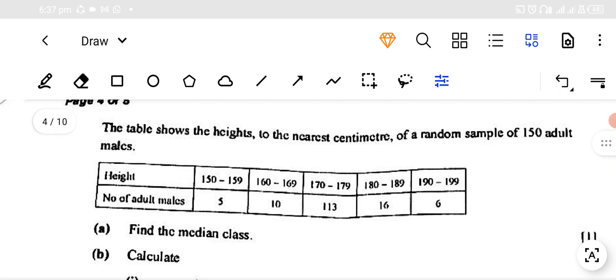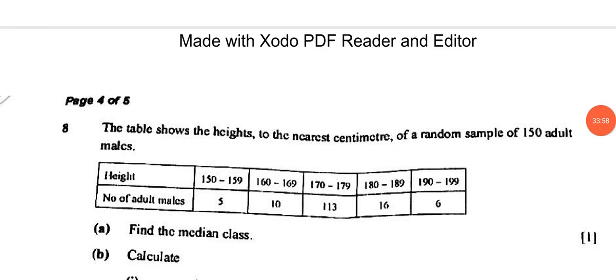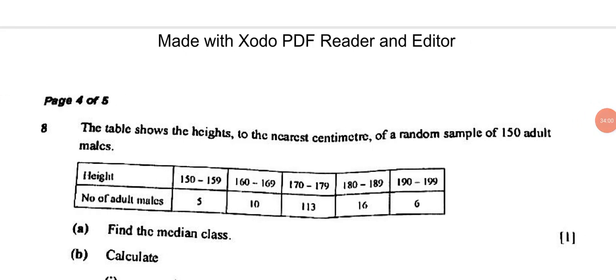The table shows the heights to the nearest centimeter of a random sample of 150 adult males. You have some heights there, then they want you to find the median class. How can you know the median class?